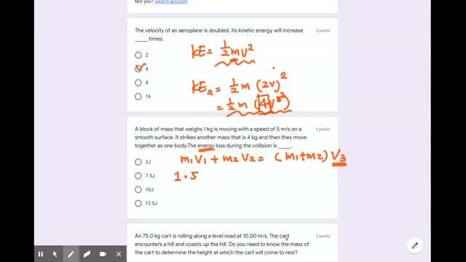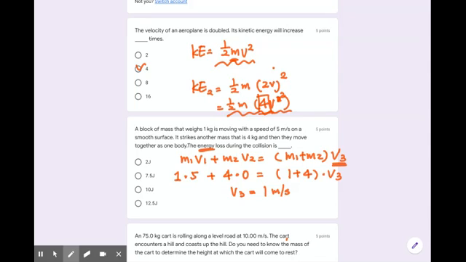It strikes another mass, 4 kilogram, not moving. And then they move together, one mass, 1 kilogram plus 4 kilogram times v3. So using algebra, v3 equals 1 times 5 is 5 plus 0, 5 divided by 5 is 1 meter per second.